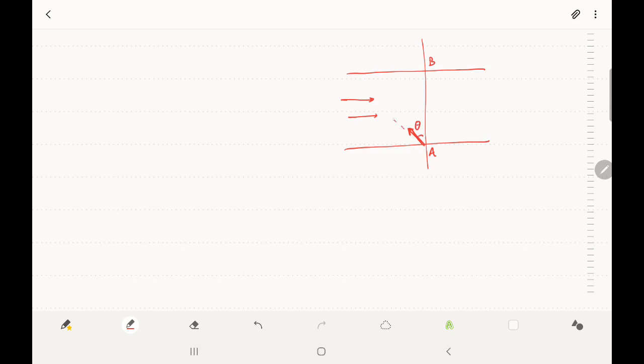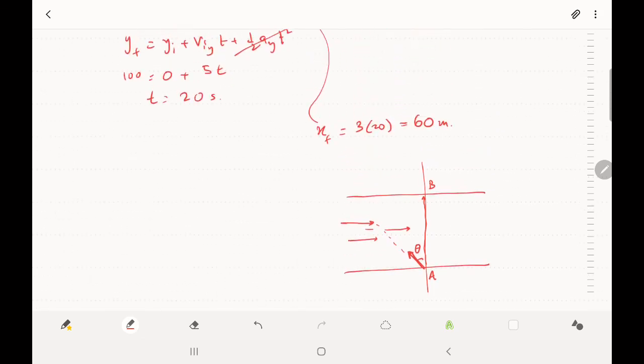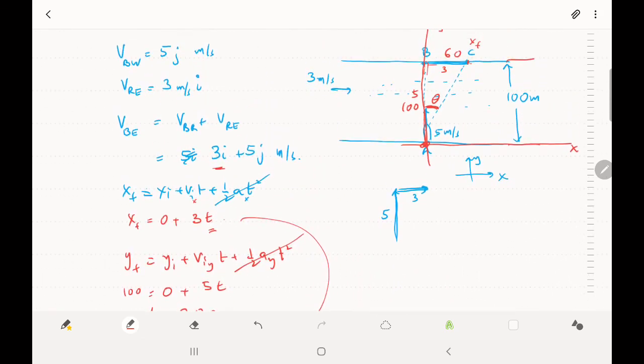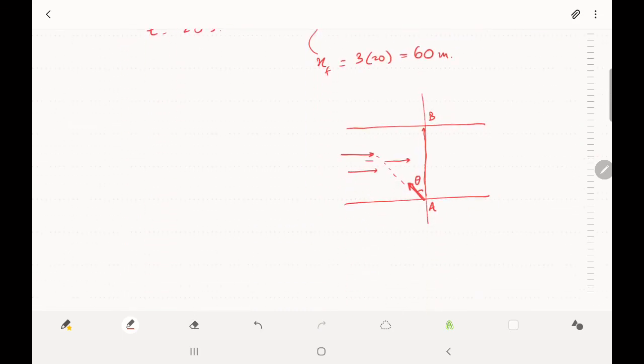So that as it goes this way, the river pushes it to the right, ultimately it goes straight. So what would be that angle? We'll just say that this angle is theta, and let's call this angle phi. Then phi is not equal to theta. So the two angles would be different.